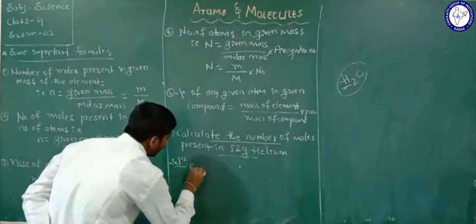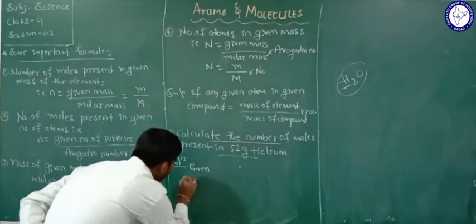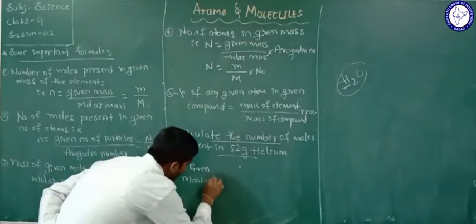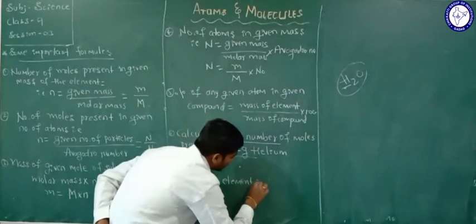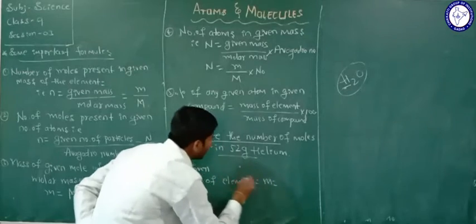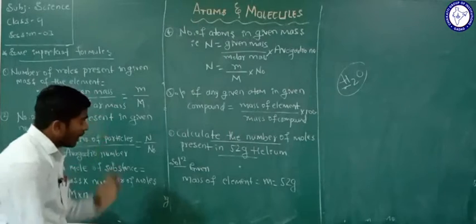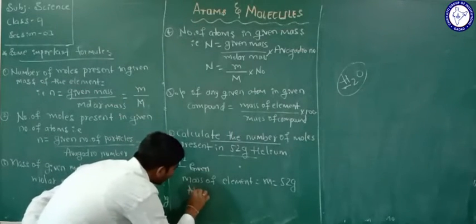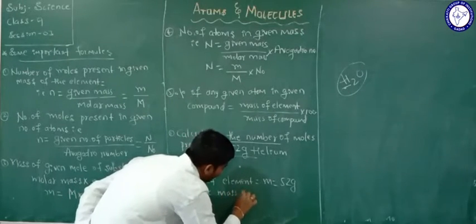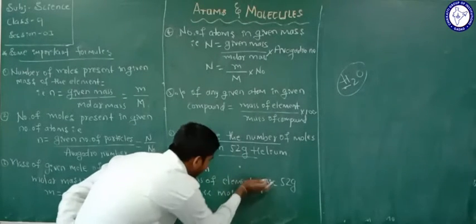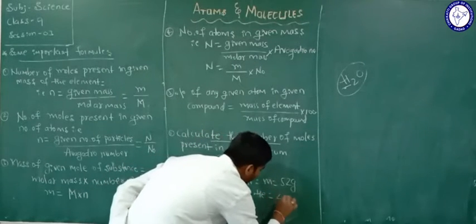First we have to write down what is given, that is the mass of the element, m is equal to 52 gram. And we know that the atomic mass of helium is 4 units.